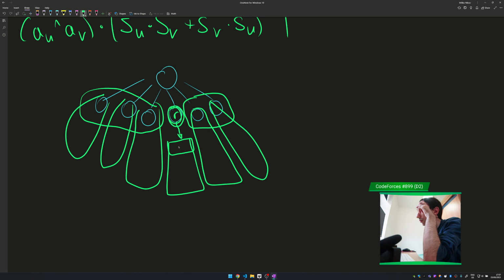What if this is a root node? This cost for being a root node is something. So cost root should be something that is pre-calculated. And now on the second DFS, we need to add what is this cost here.